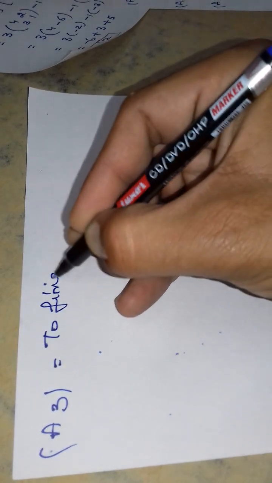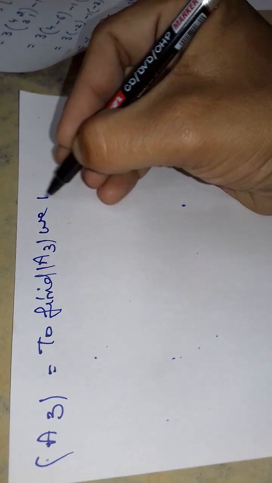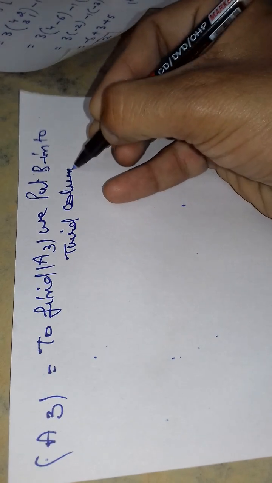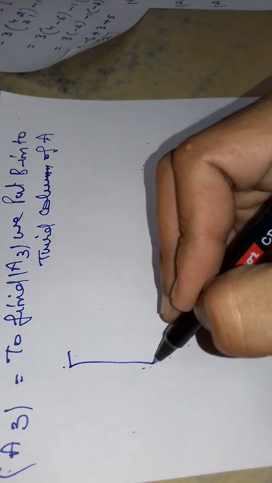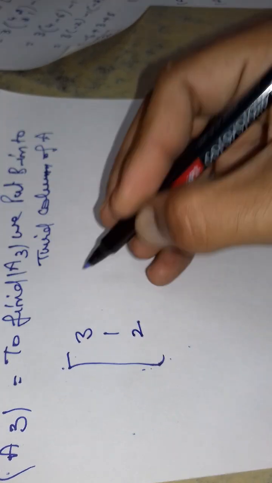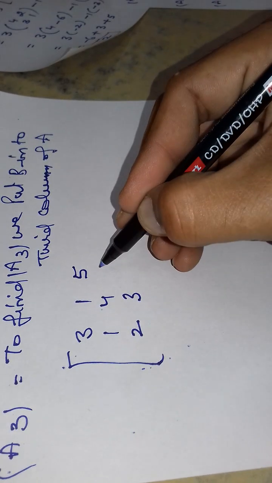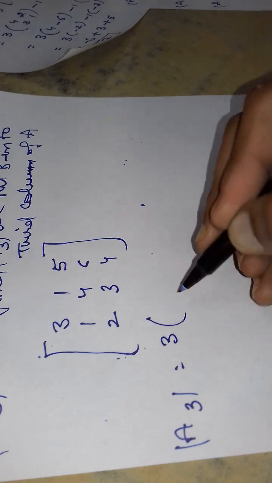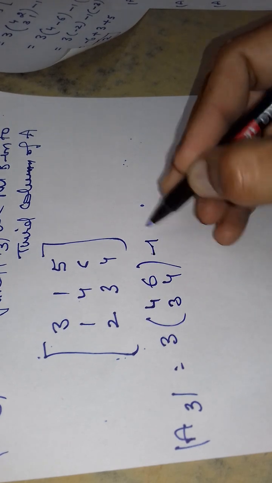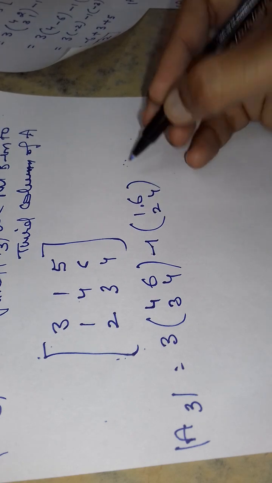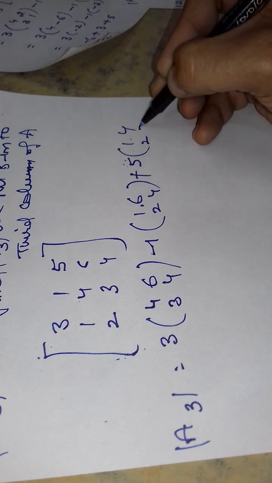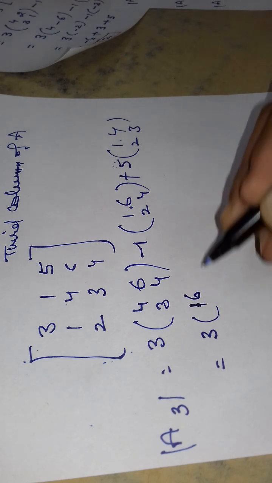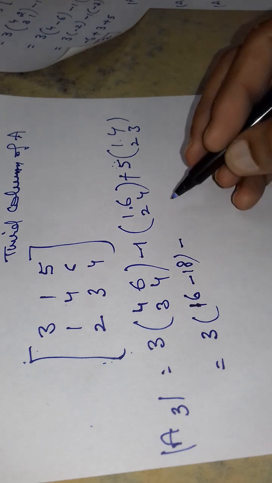To find it, we put B into the third column of A, making the matrix 3 1 5; 1 4 6; 2 3 4. The A3 determinant equals 3 times 4 6 3 4, minus 1 times 1 6 2 4, plus 5 times 1 4 2 3. I'm solving it out, you must solve it as well.